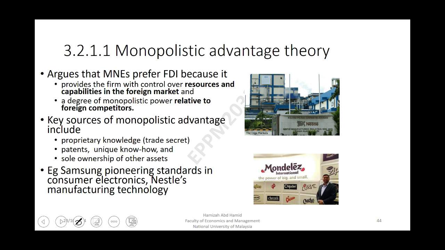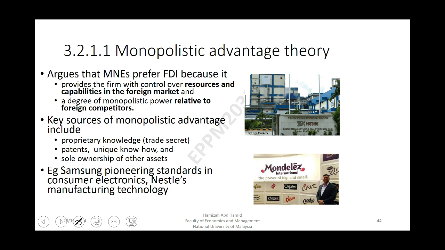The monopolistic advantage theory suggests that multinational companies will choose FDI as a strategy to internationalize, because it provides the firm with control over resources and capabilities in the foreign market, and it provides the firm with a degree of monopolistic power relative to foreign competitors.